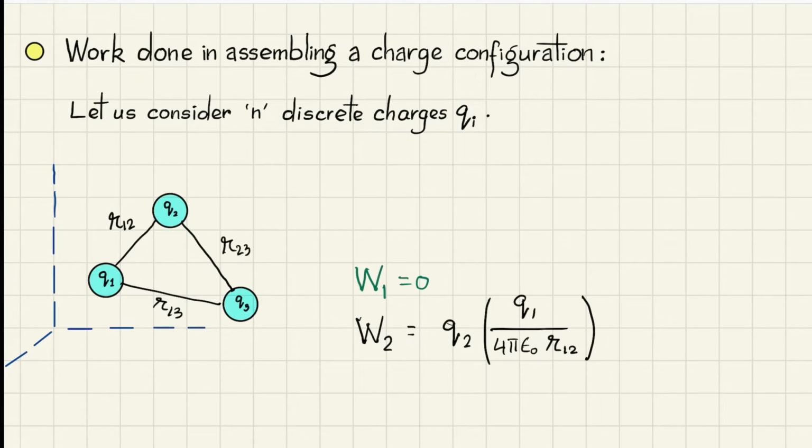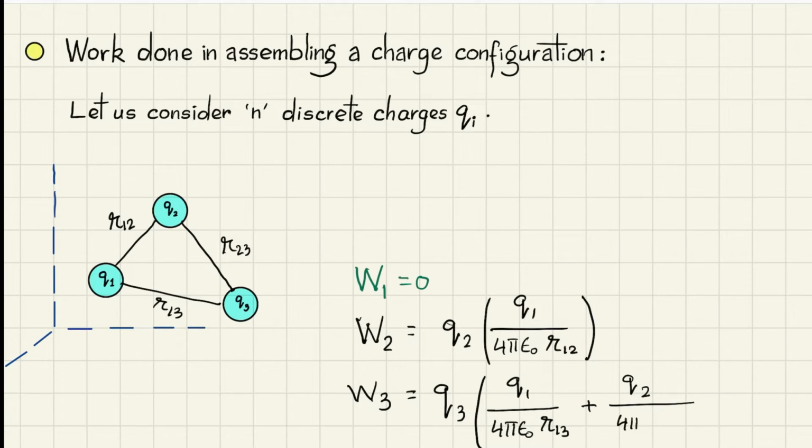So I can write down W3, the third stage, as Q3 brought into the potential due to Q1 and Q2. So this will be Q3 times: Q1 by 4 pi epsilon naught R13, plus the potential at the position of Q3 because of Q2, that would be with R23.